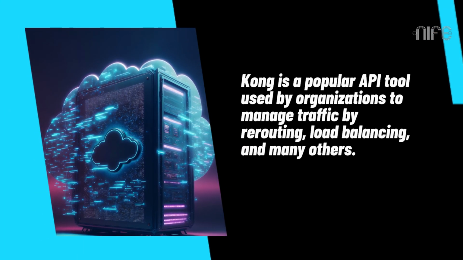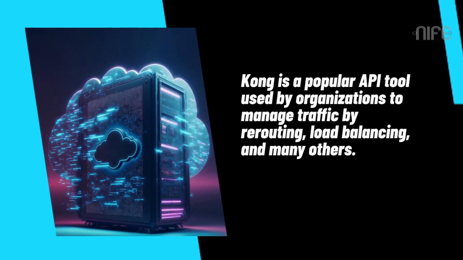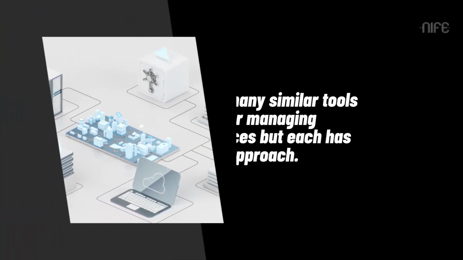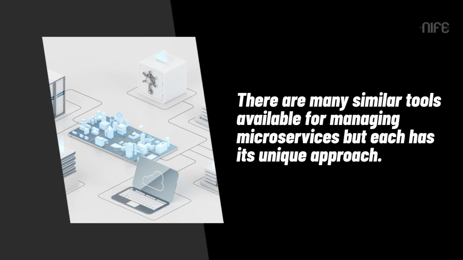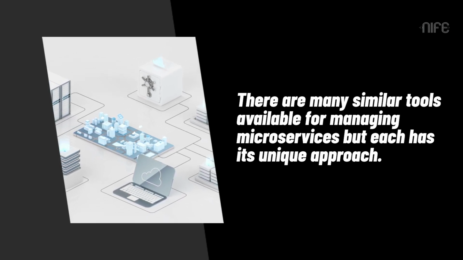Kong is a popular API tool used by organizations to manage traffic by rerouting, load balancing, and many others. There are many similar tools available for managing microservices, but each has its unique approach.